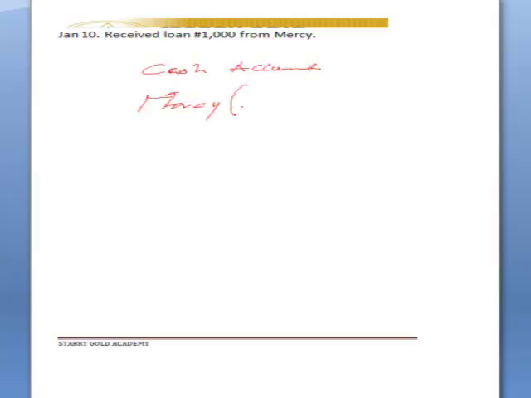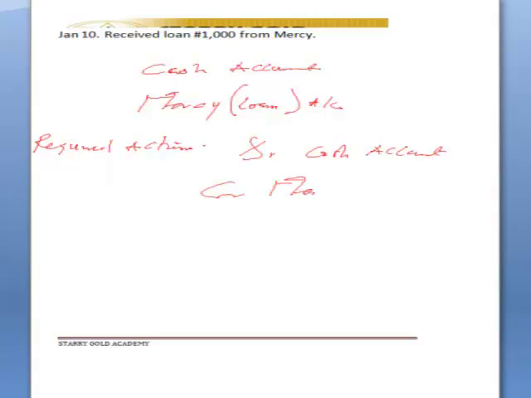You can say Mercy or you say loan account, whichever one stands for the second account. So the required action is that there is an increase in cash. So we shall debit cash account because cash account is receiving that amount, and credit whichever name you decided to use, Mercy account or loan account.